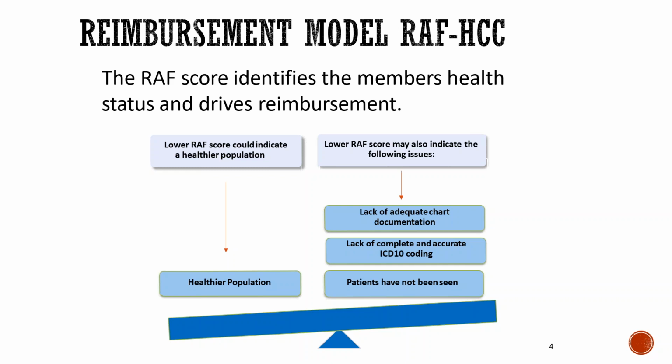Some practices might still be stuck in that ICD-9 mindset, where there weren't as many diagnoses and they weren't as complex, and so if we're only coding things that are very unspecified or not very complex, that could lead to a lower risk score. And patients that have not been seen can also lead to a lower RAF score.